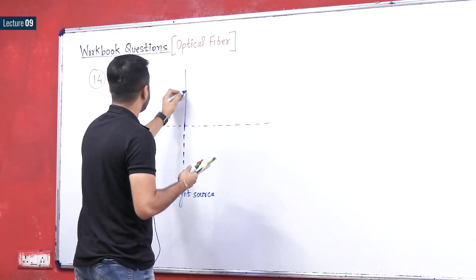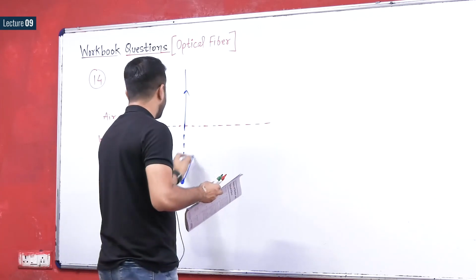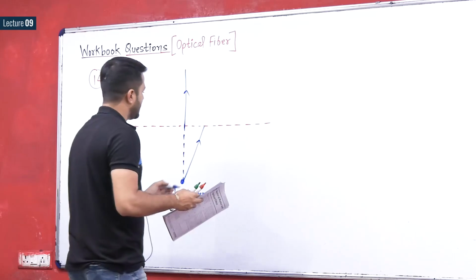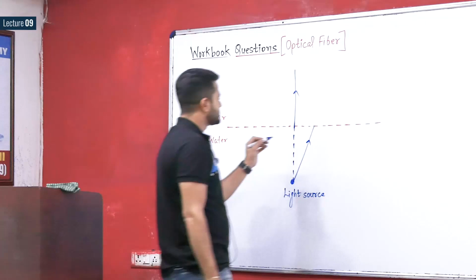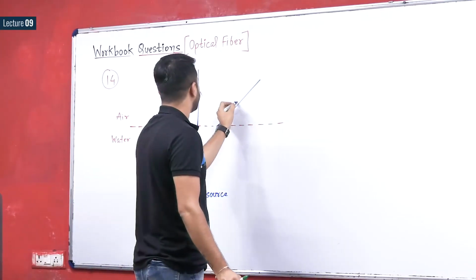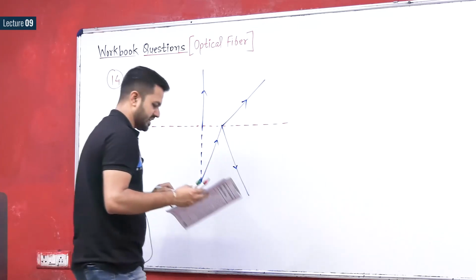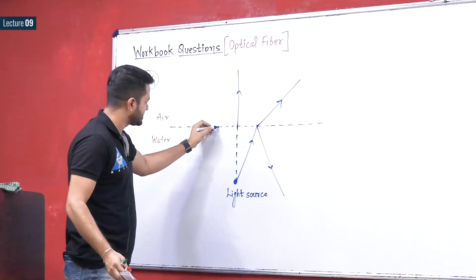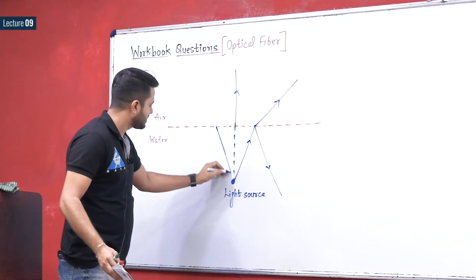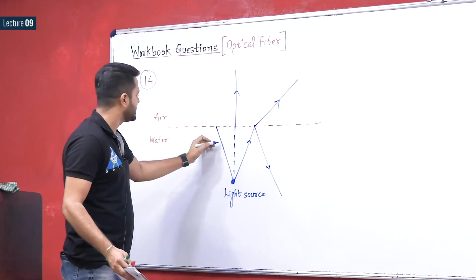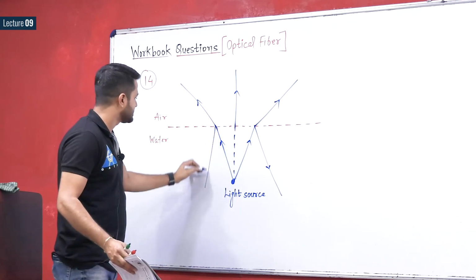This is the normal, and one wave is traveling, or the light is traveling from here and incident on this water and air interface. So some part of it is transmitted like this, and some part of it is reflected in this way. Similarly here also, symmetrically, some part is incident and some part is transmitted and some part is reflected.